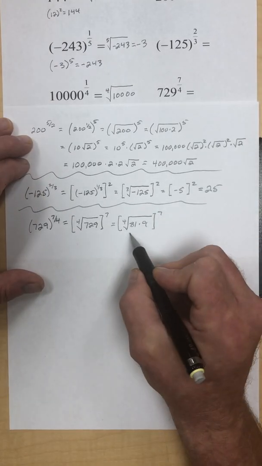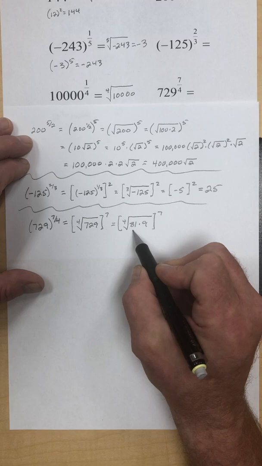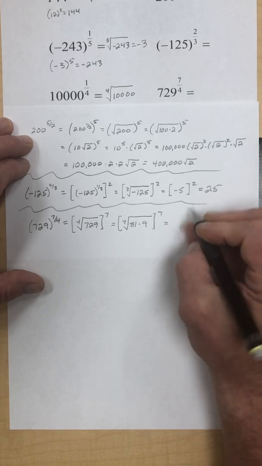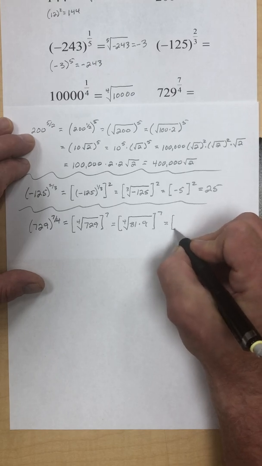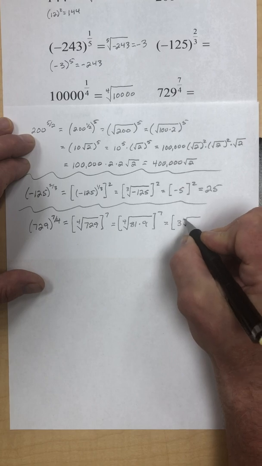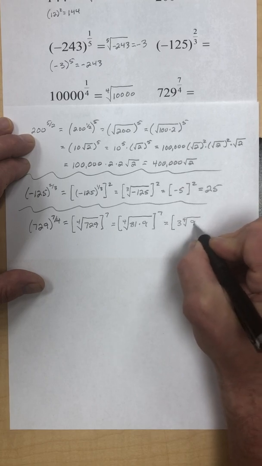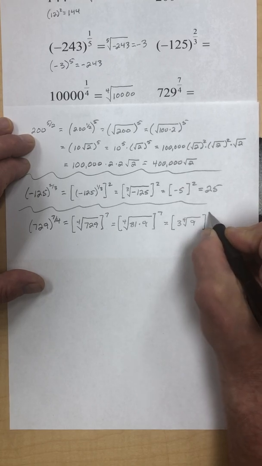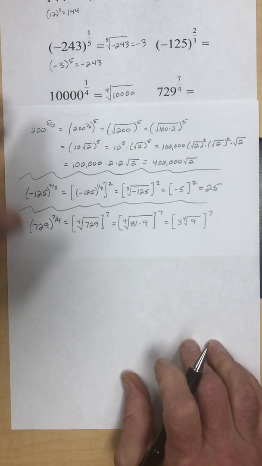81 is 3 to the 4th, so the 4th root of 81 is 3. So I'm going to get 3 times the 4th root of 9, and then I have to raise that all to the 7th.